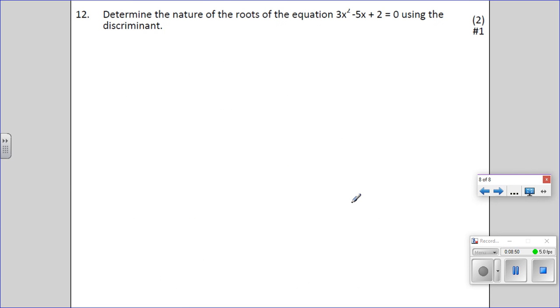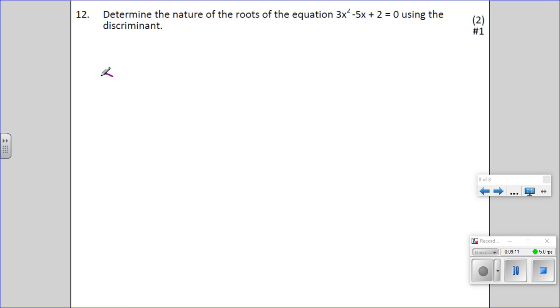And your final question, determine the nature of the roots of the equation 3x squared minus 5x plus 2 equals 0 using the discriminant. Okay, so this is a reasoning question because you have to state a conclusion. Anybody needing a 2.2, I believe this is, you absolutely need to nail this question.